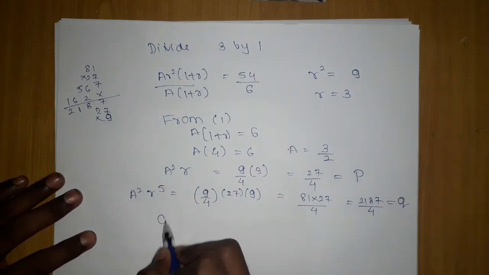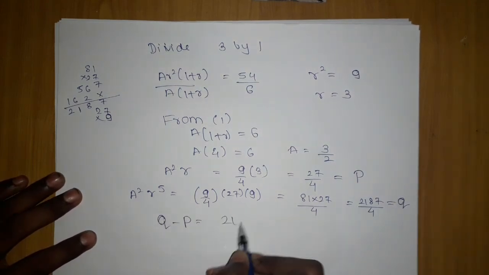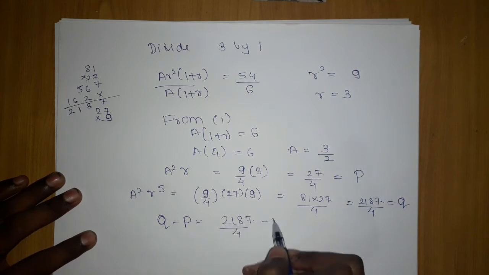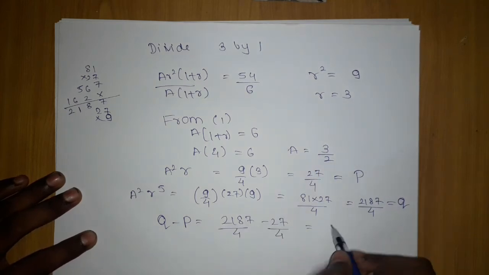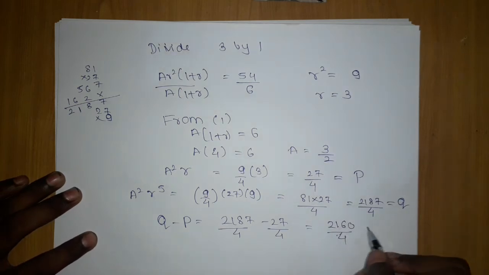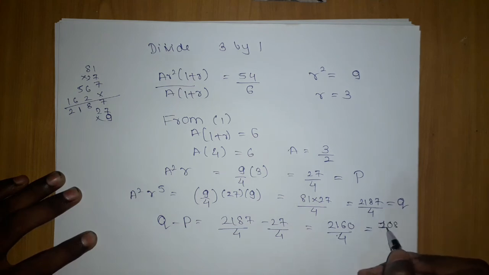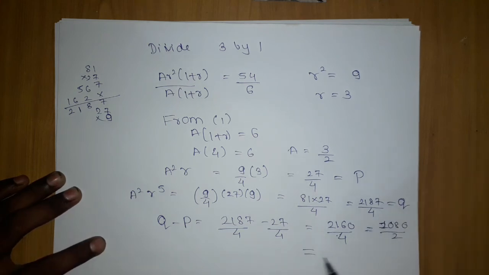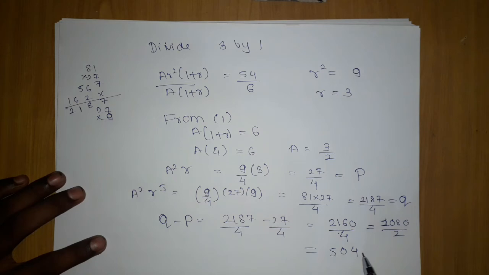Now what we need to find? q minus p. What is it? 2187 by 4 minus 27 by 4. So here what we are getting? 2160 upon 4, which can be further simplified as 1080 by 2, which can be further simplified to 540.